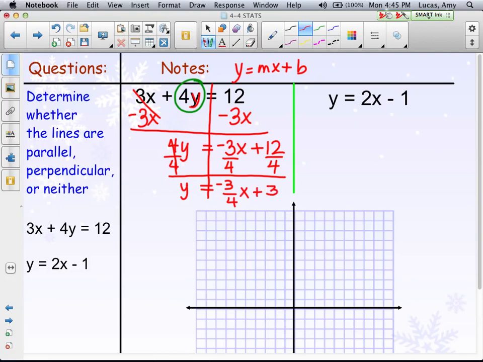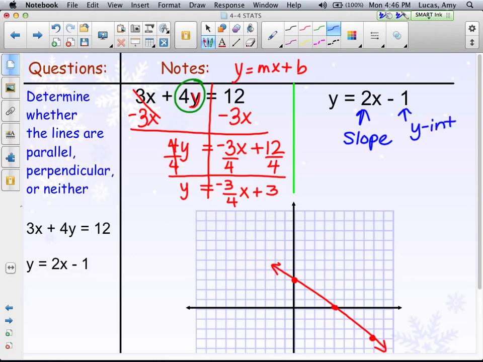So I'm going to start at 3 on my graph, that's my intercept, and I'm going to go down 3 over 4, down 3 over 4 to graph my first line. There it is. My second line, I'm going to graph in blue, has a slope of 2 and a y-intercept of negative 1.